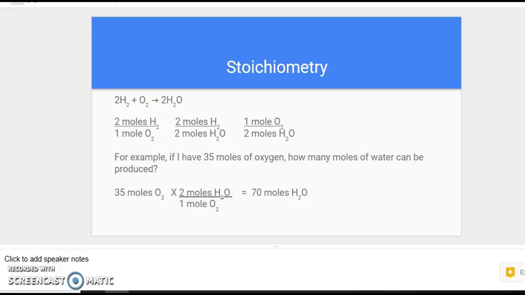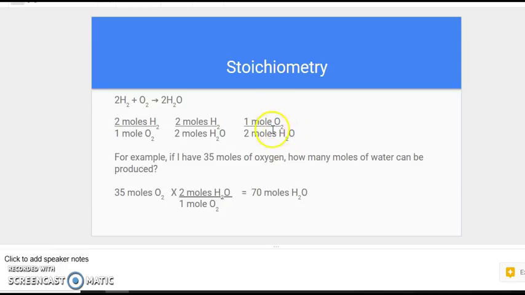So if we set up the equation, we start with, of course, 35 moles of oxygen, and we know we want to get to moles of water. So I choose one of those conversion factors that I took from my balanced equation, and there's only one conversion factor that will go from moles of oxygen to moles of water.